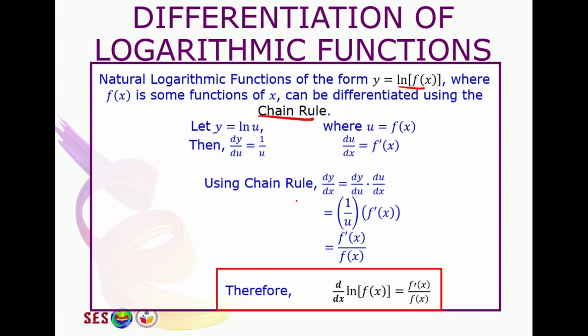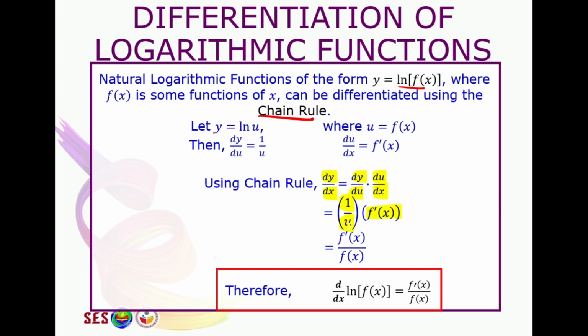By using the chain rule, dy over dx equals dy over du times du over dx, where dy over du is 1 over u and du over dx is f prime.